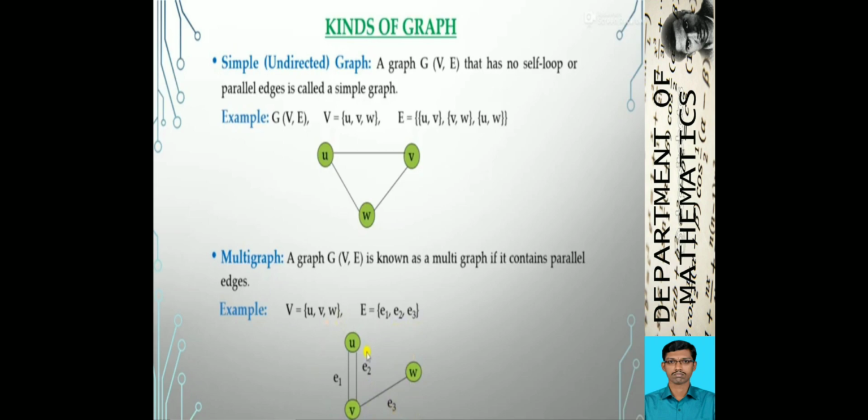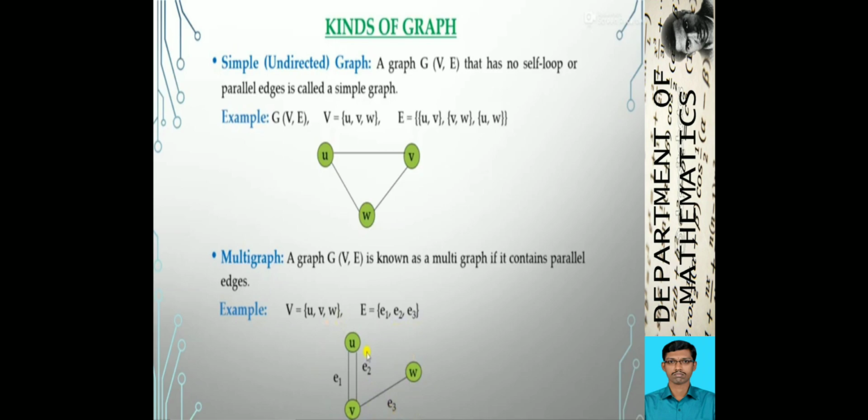Next one is the multigraph. What is a multigraph? A graph G is known as a multigraph if it contains parallel edges. Example: we have a graph G with vertices U, V, W and edges E1, E2, E3.